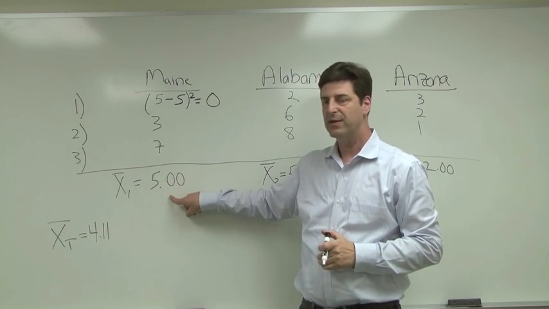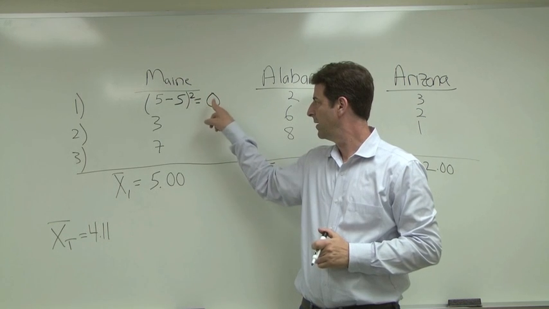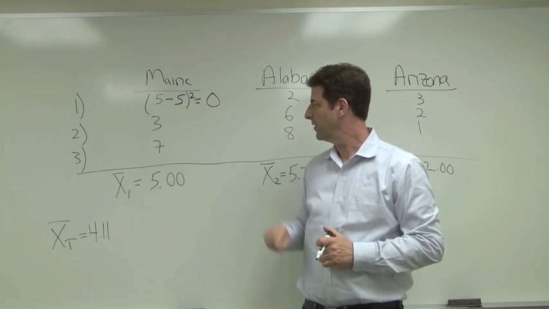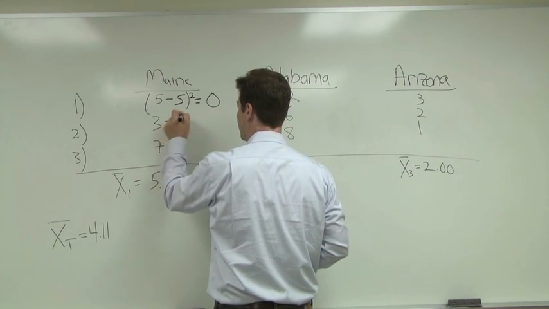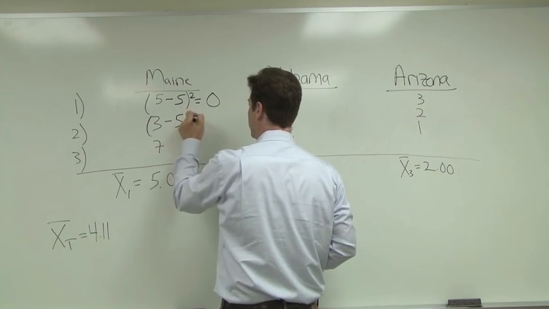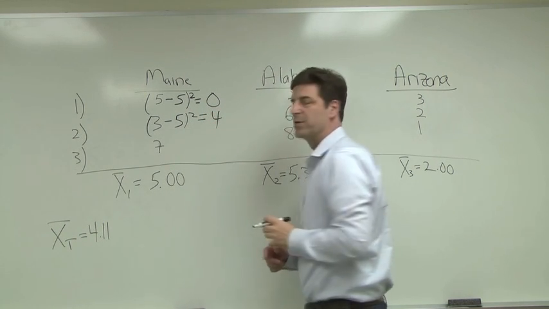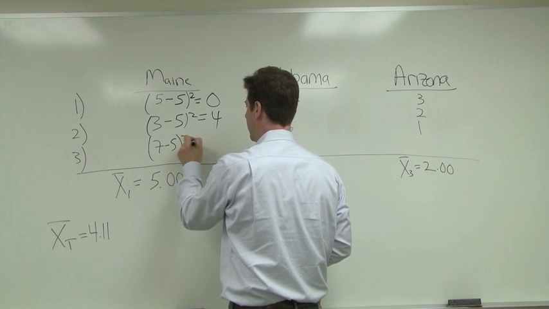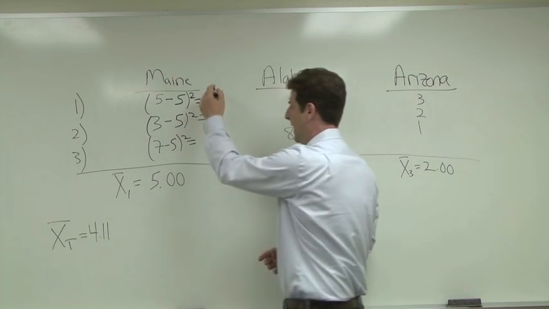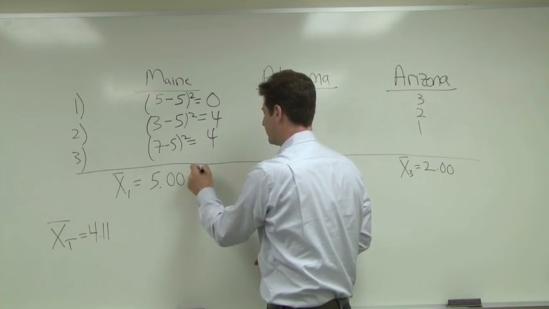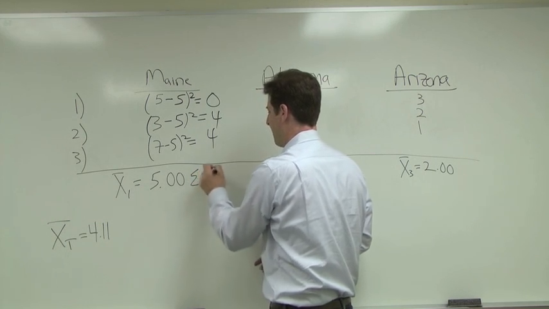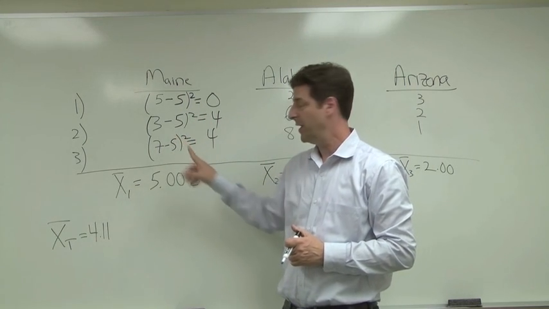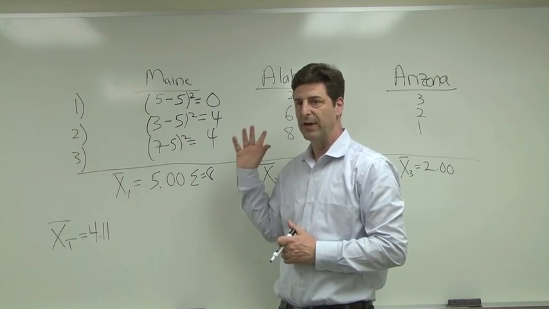Individual score minus the group mean squared equals that. 5 minus 5 squared equals 0. 3 minus 5 squared equals 4. 7 minus 5 squared equals 4. Add all those up, and we get 8. So the sum of the square deviations in group 1 is 8. Then we do it for the other 2 groups.